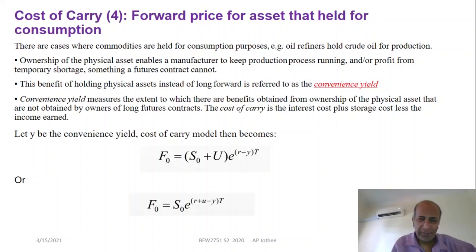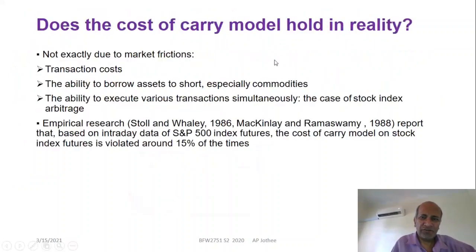Okay, finally, does the cost of carry model hold in reality? You see, when we create a model like this supporting a theory, the cost of carry model supporting the theory of forward pricing, we had so many assumptions there. So when you drop all these assumptions, in reality it may not hold.